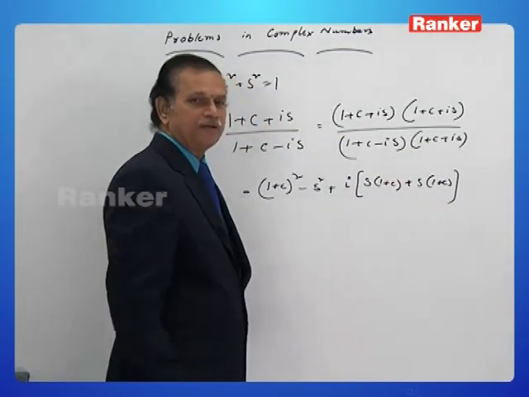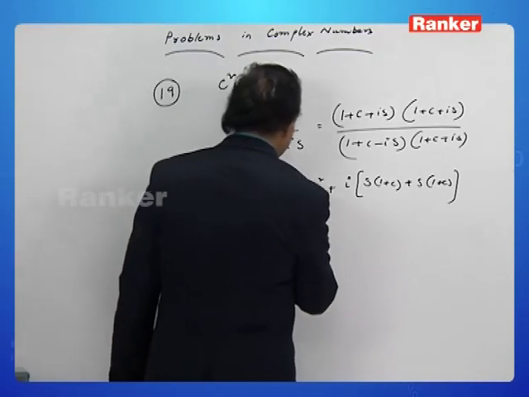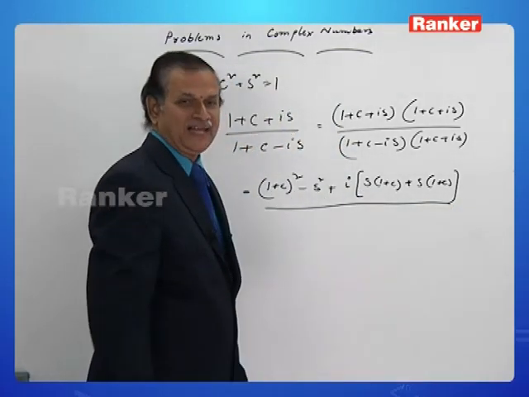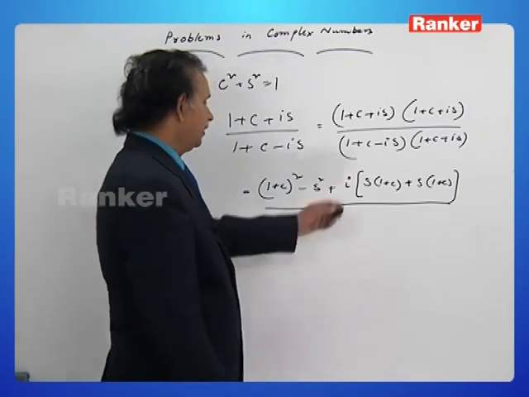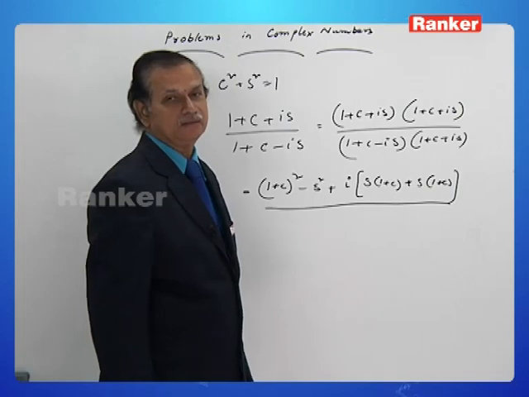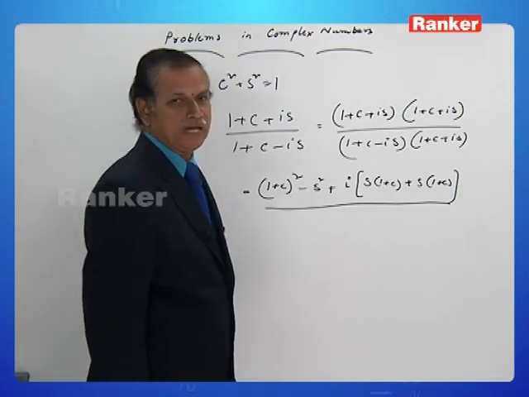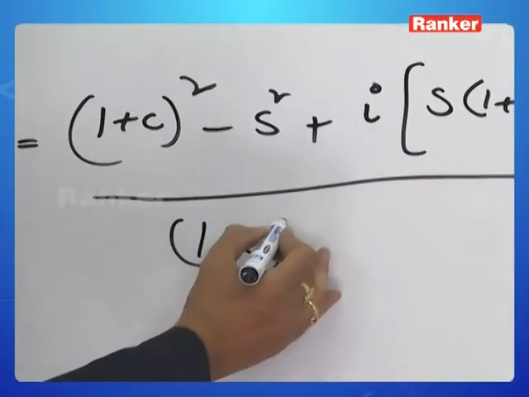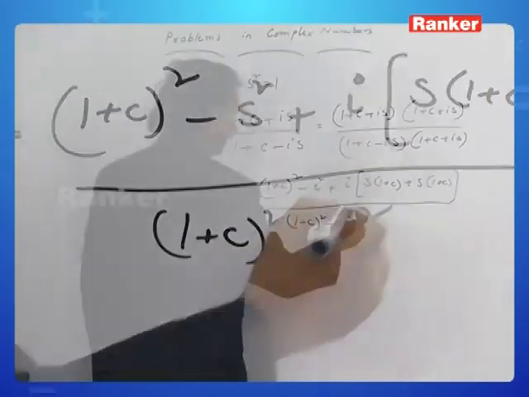That is about numerator. Come to deal with the denominator. What has been there present in the denominator? A minus ib into a plus ib. What is that? A square plus b square. According to that, it is 1 plus c whole square plus s square.